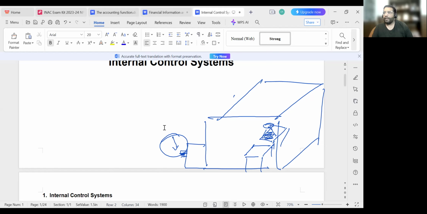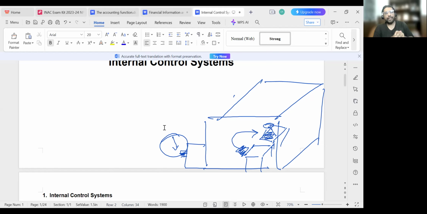And then you make a report, right? And then you submit it to your manager. So the manager is supervising you on your work. That's part of the internal control system. So that's how the internal control system works.